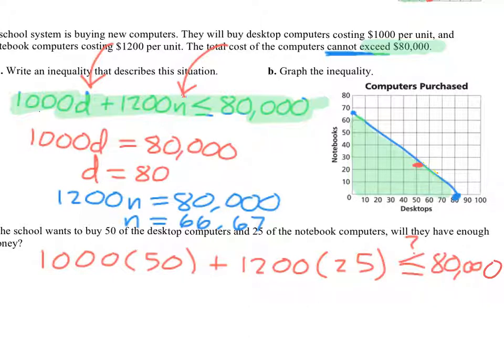So 1,000 times 50 is 50,000. 25 times 1,200 is 30,000.